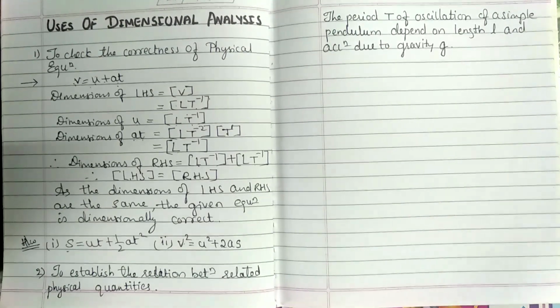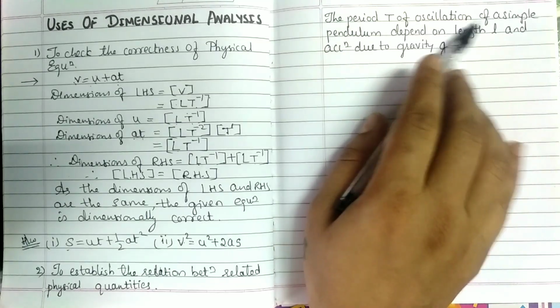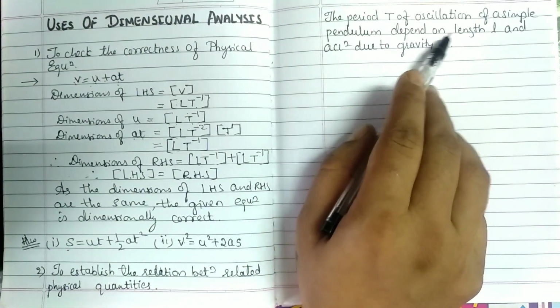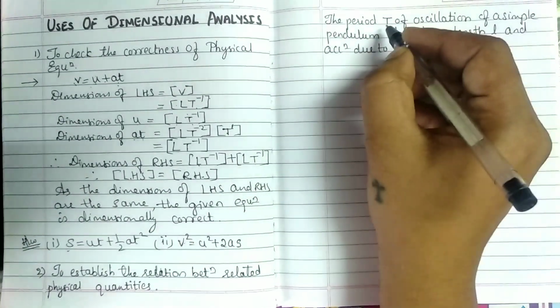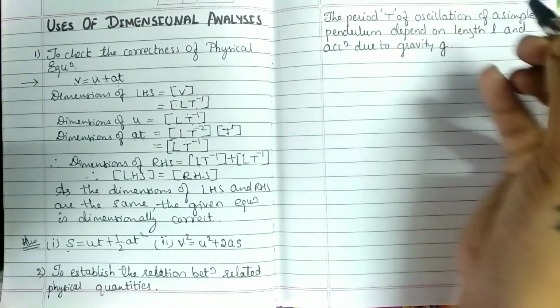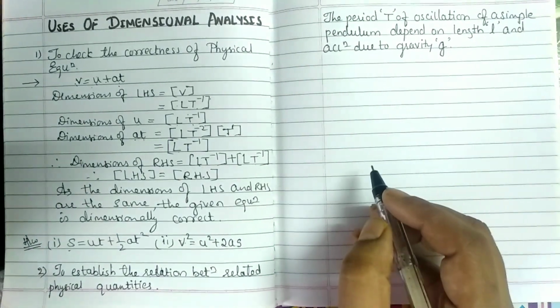For example, the period T of oscillation of a simple pendulum depends upon the length L and the acceleration due to gravity g. Means we are going to establish the relation between T, L and g, how they are related.